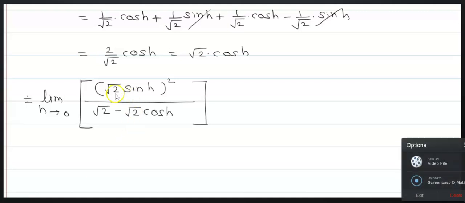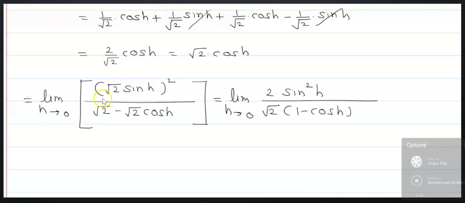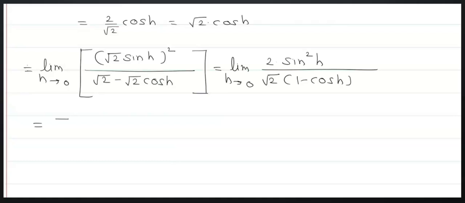Now see this here. (Root 2 sin h) whole square upon root 2 minus root 2 cos h. Take root 2 as common. Therefore you will get the square of this is 2 sin square h, take root 2 common, 1 minus cos h. Therefore divide numerator and denominator by h square.